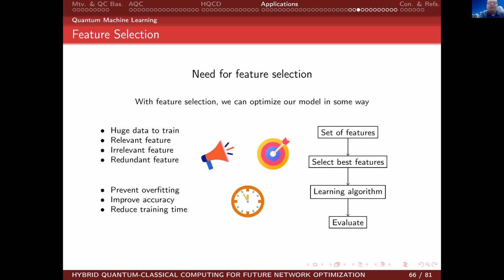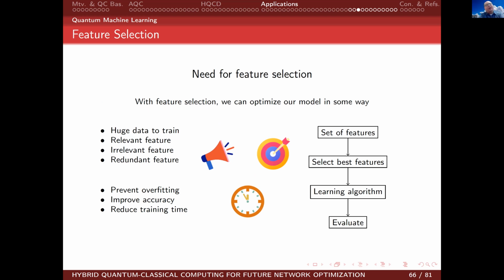At the same time, once we get our machine learning model, we can still have a good performance and avoid overfitting issues. That's the key idea.